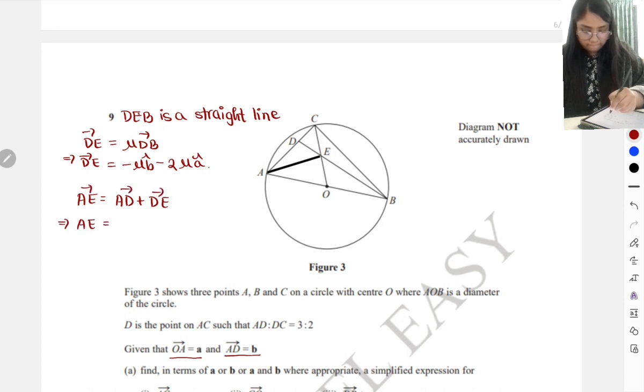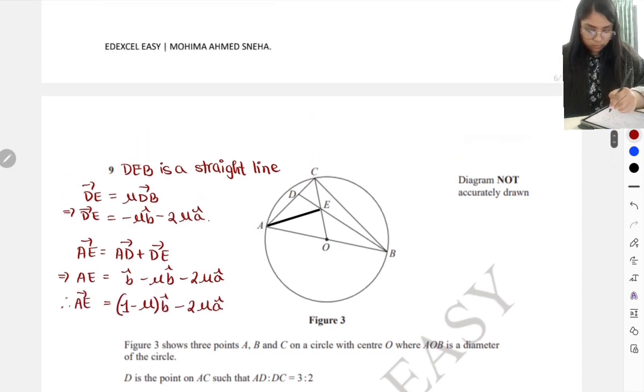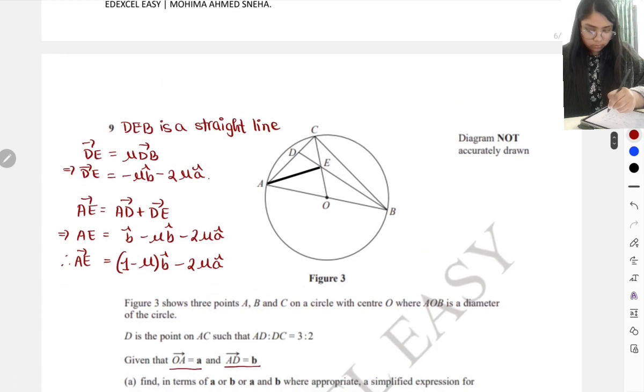AD was just b and DE is minus mu b minus 2 mu a. What I can do is connect the b terms together and take b as a common factor, which gives (1 minus mu) b minus 2 mu a. So this is the final vector for AE.